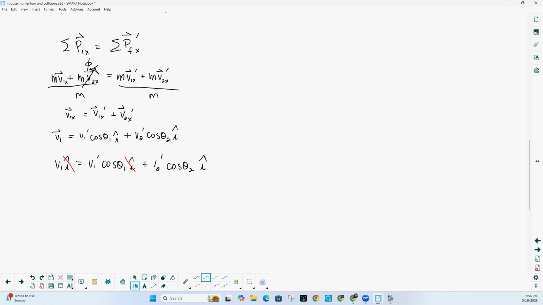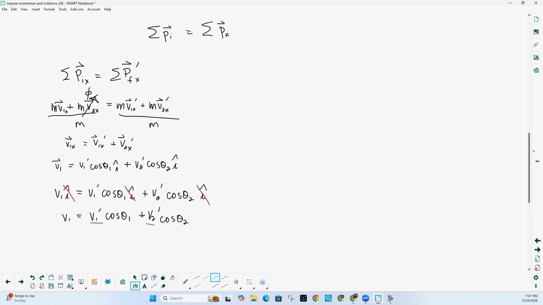I'm just dividing all terms by i hat. And now I have v1 is equal to v1 prime cosine theta 1 plus v2 prime cosine theta 2. Now I have two unknowns. I don't know v1 prime and I don't know v2 prime. So this means that I'm going to need another equation, right?